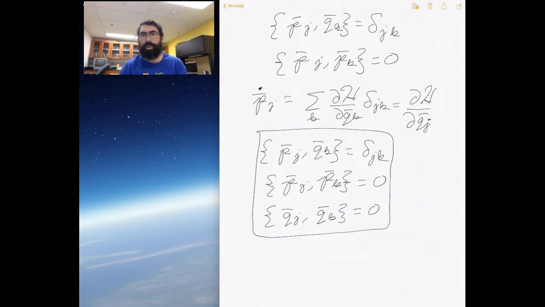If you apply those Poisson brackets either in the original frame of reference, which we called Q and P, or in the transformed frame of reference, P bar, Q bar, and these Poisson brackets give these results, then we're confident that the transformed coordinates are going to be valid, and Hamilton's equations are going to remain valid.